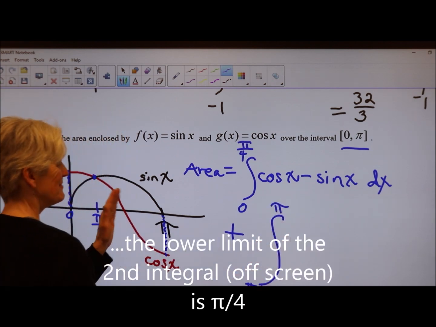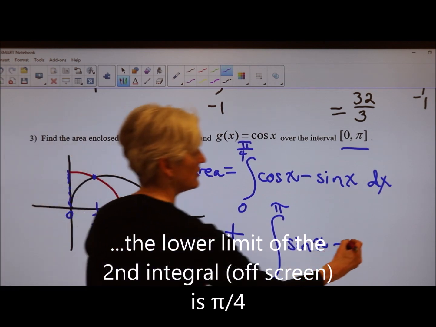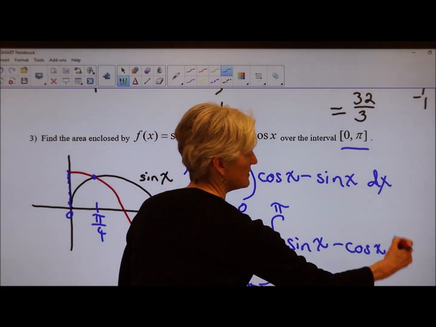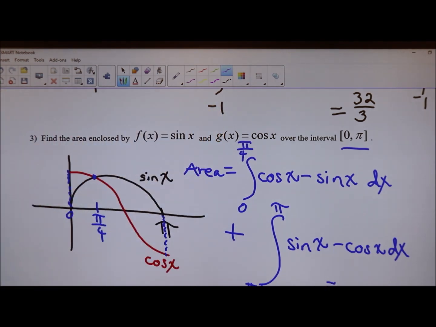My top function is now sine of x, and my bottom function is cosine of x dx. Okay? So there's your integral.